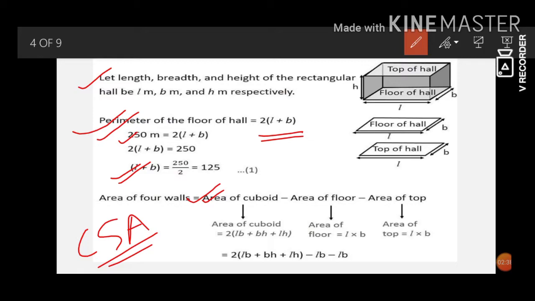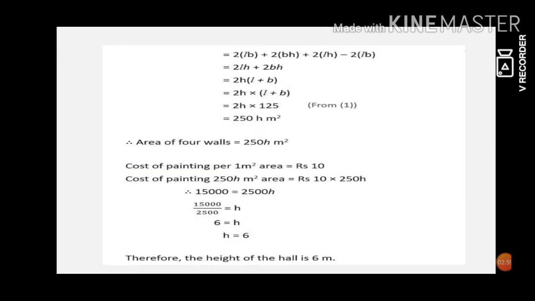So the area of a cuboid is 2 into (LB plus BH plus LH). The area of the floor is LB and the area of the top is LB, as both of them are rectangles. So we will subtract 2 times LB from the area of the cuboid.